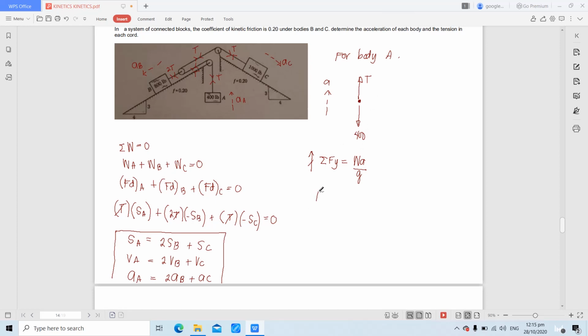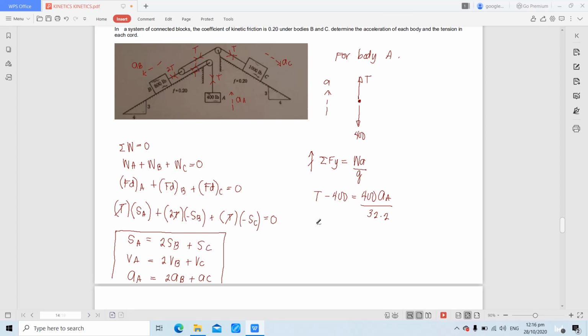Tension T will be positive. Ito, magiging minus. Equivalent to weight, which is 400. Times acceleration of body A over g, which is 32.2. And then combine the unknown terms. And then we will equate all the constant terms.